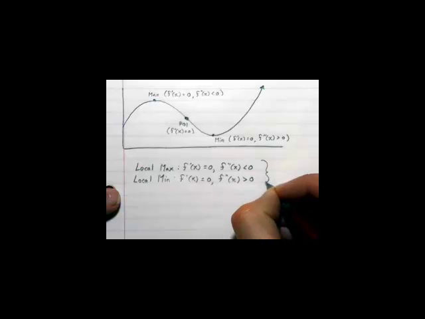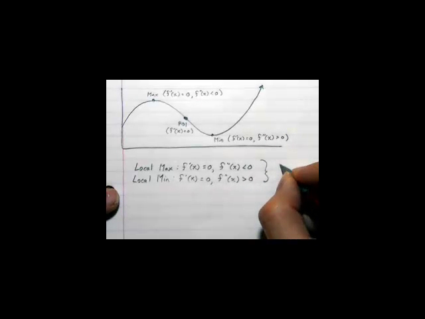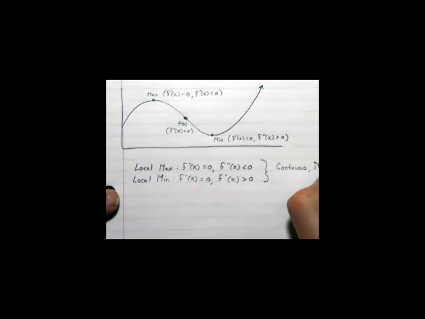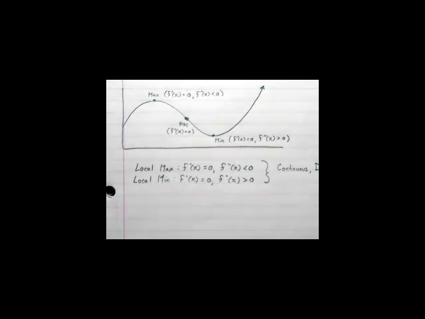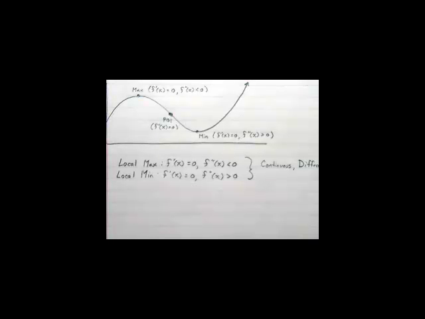And all of this is contingent on the fact that you have a continuous differentiable function. As soon as you have corners, cusps, tangents, that kind of thing showing up, then this stuff kind of goes out the window. But nice smooth curves, you can do this, and it works.